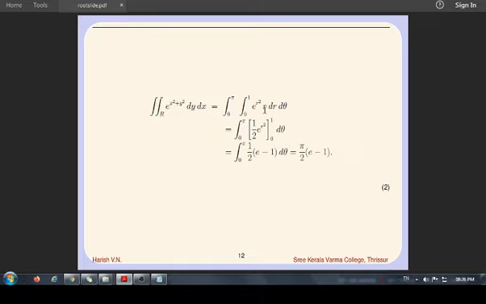But what is dA? It is r dr d theta. So Fubini's theorem I am using twice: once in rectangular coordinates and another in polar coordinates. And the r limits of integration are 0 to 1 and the theta limits of integration are 0 to pi, as in the earlier problem.